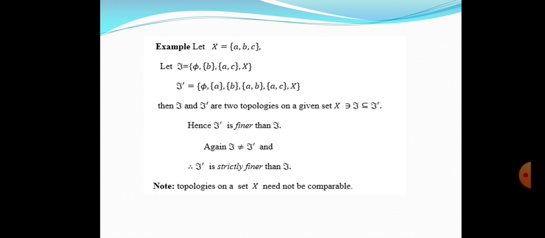If tau is a subset of tau dash, then tau dash is finer than tau. Again, tau is not equal to tau dash, then tau dash is strictly finer than tau. Next, one important note: topologies on a set X need not be comparable.